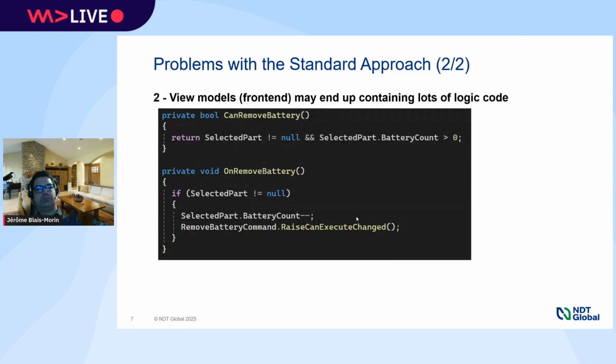Okay, so why is that a problem? It's nice code, you have it. You may ask, why is it a problem that this code is in the view model? The answer brings us back to the backend versus front-end separation.